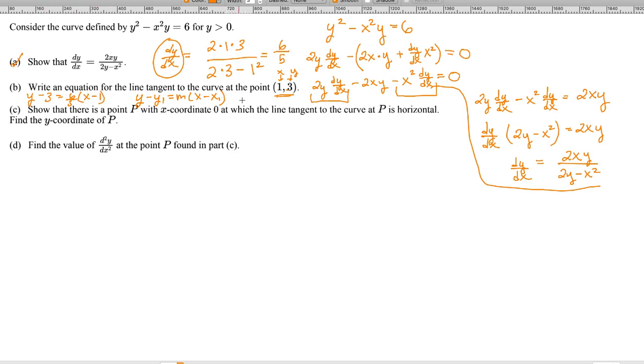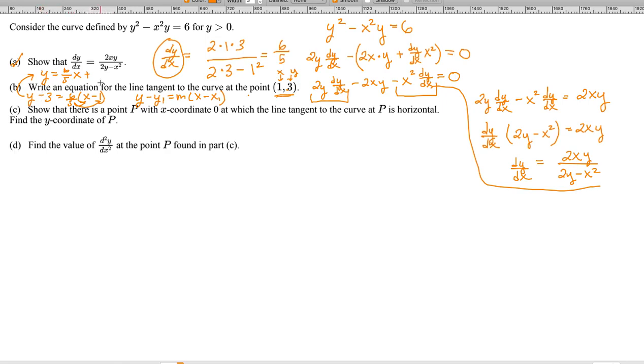I can add the 3 over to the other side to get the final thing here. When I distribute, I get 6/5 x minus the 6/5, and then I'm adding 3.